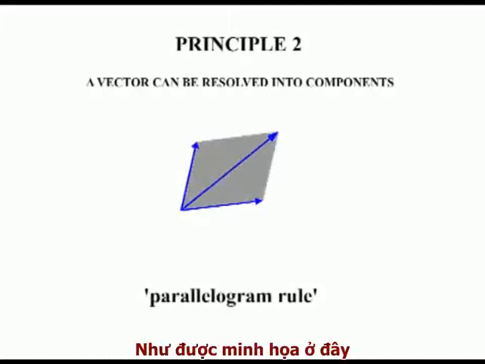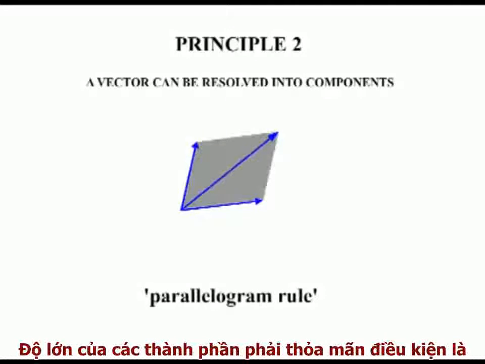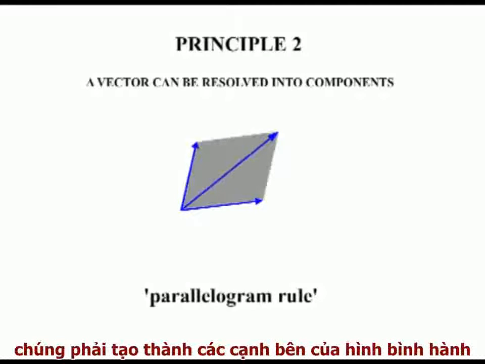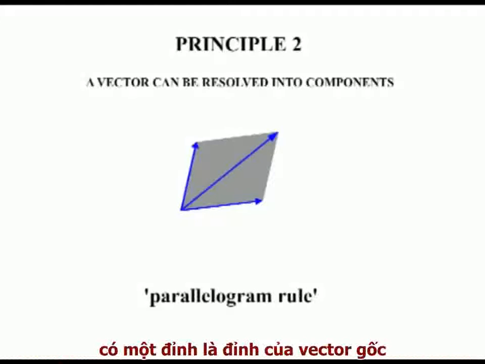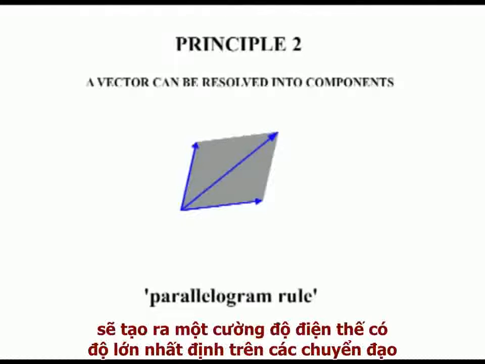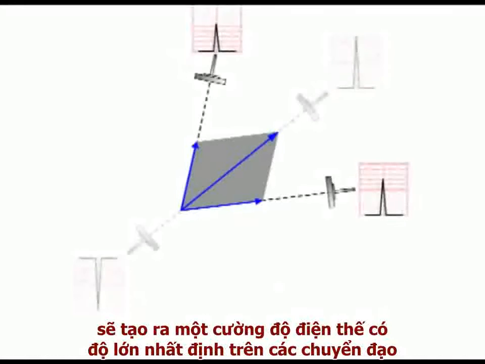As illustrated here, the magnitude of components are linked by the requirement that they form the sides of a parallelogram touching the apex of the parent vector. For our purposes, this means that a depolarizing vector produces an effect in leads positioned off its direct line of travel.